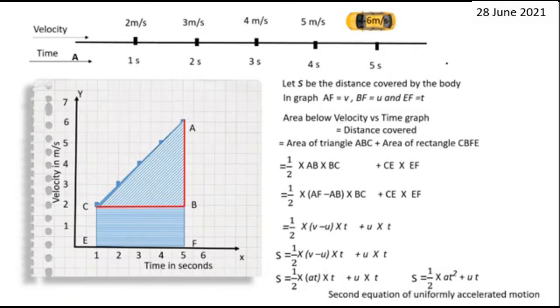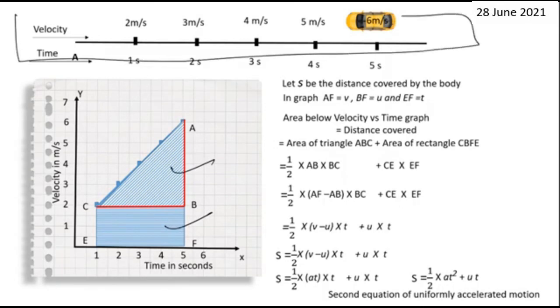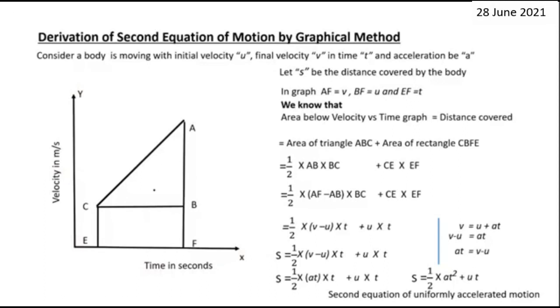But when you are asked to prove this on paper, you need not shade or draw all this. We have just taken this as an example to understand how a uniform increase in velocity, that is uniformly accelerated motion, will give you a straight line. So you can take out the shading portion also.